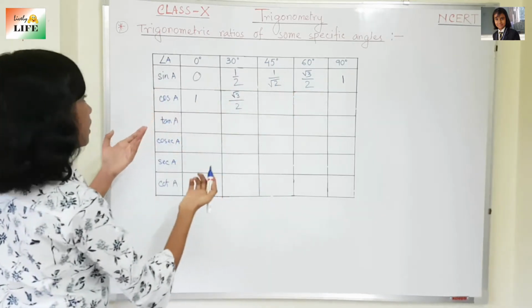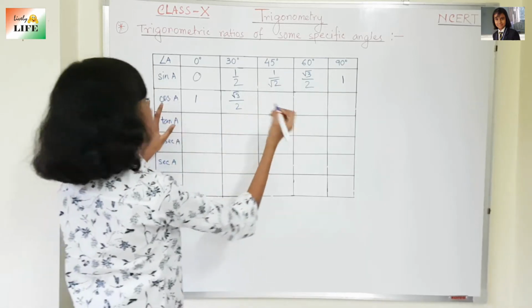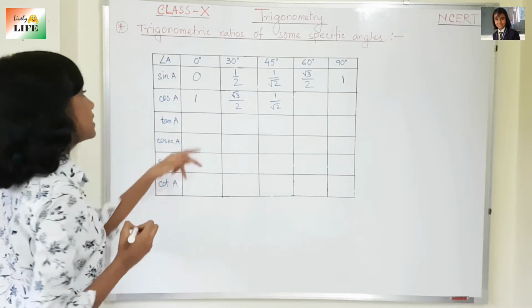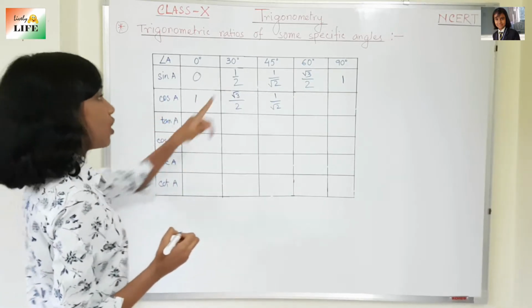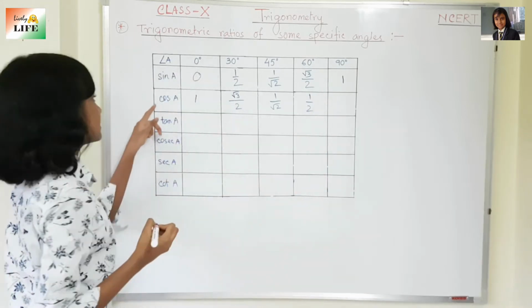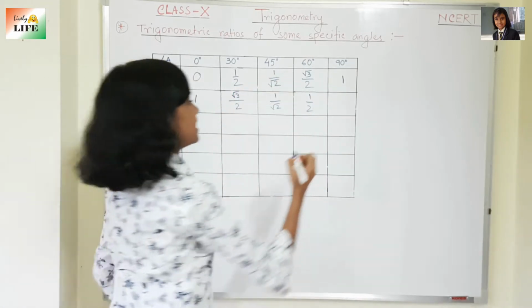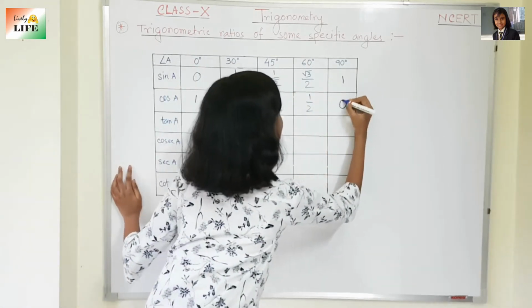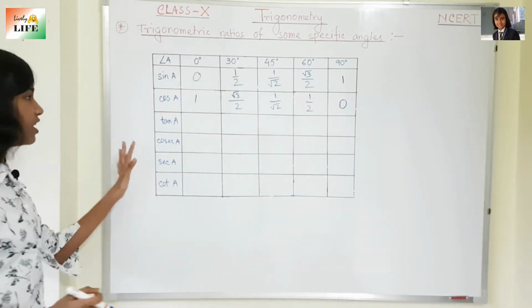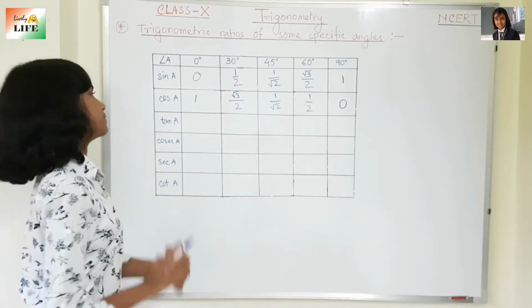Sine 45 is 1 by root 2 and cos 45 will also be 1 by root 2. Sine 30 is 1 by 2, cos 60 will be 1 by 2. And sine 0 is 0, cos 90 will be 0. Okay?